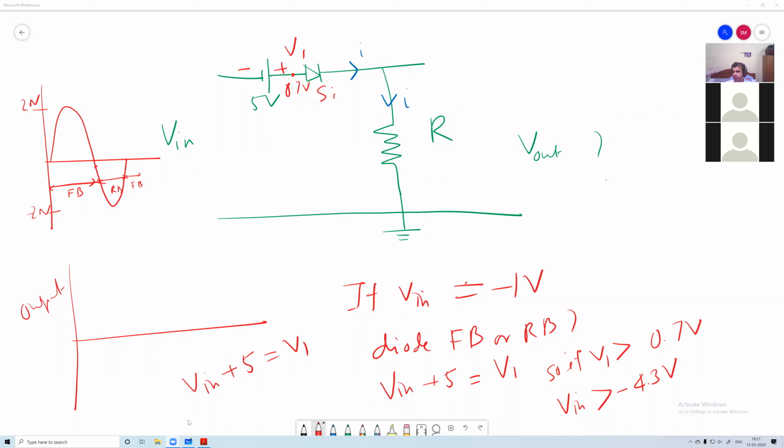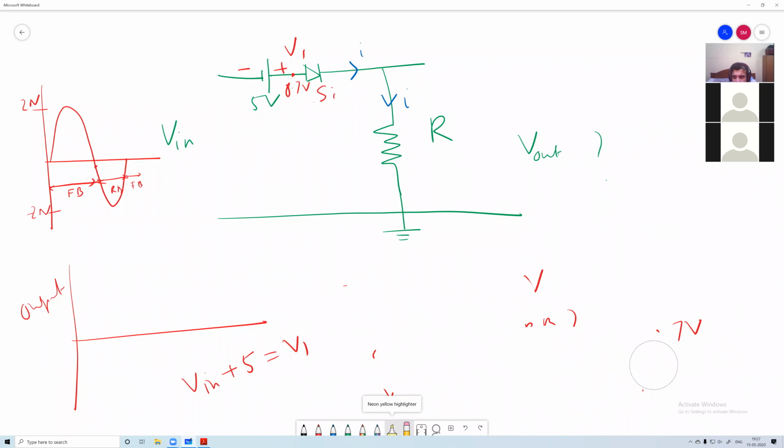Now, when the diode is reverse bias, obviously, as we had seen in the last problem, V out is 0. I'm not repeating it. But if it is forward biased, then we can again apply KVL.